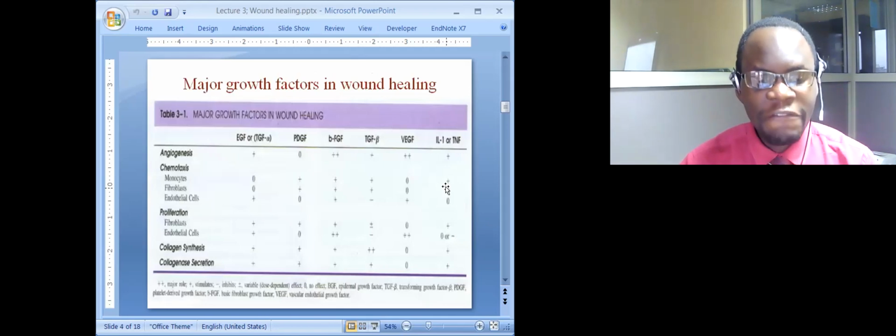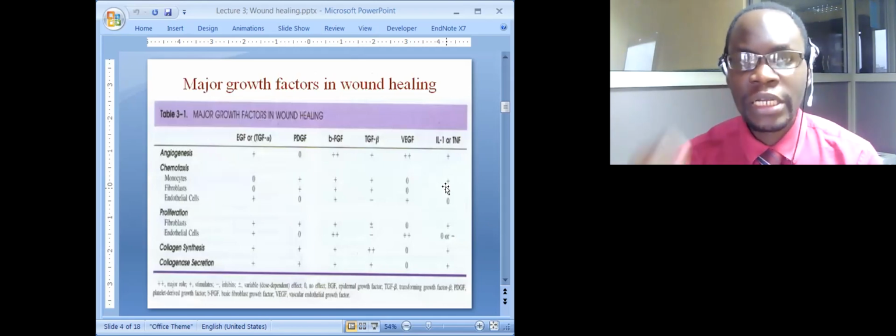Now, there are major factors in wound healing.